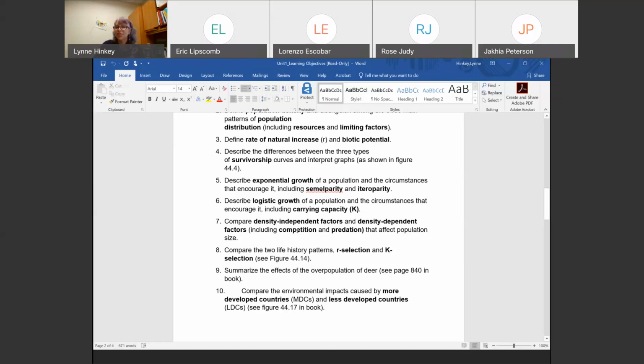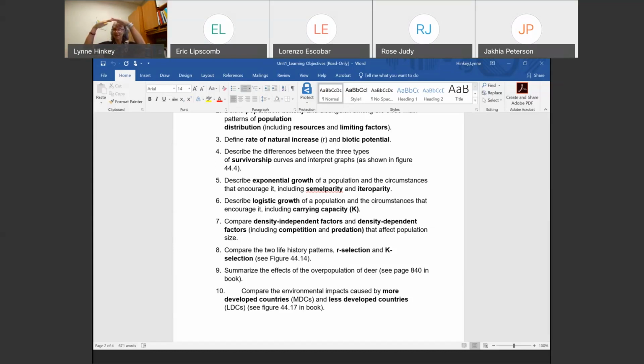So competition: the higher my population within a given area, remember we're talking a given area, so there's a set number of resources, I have more individuals of the same species, we all need the same resources, competition gets more intense as I get more individuals in that space. That's a density dependent factor.